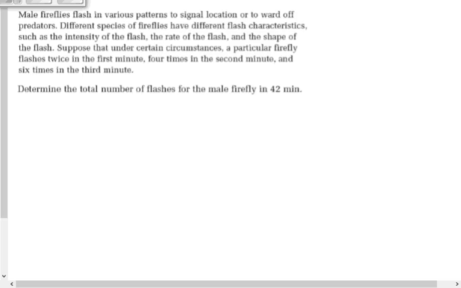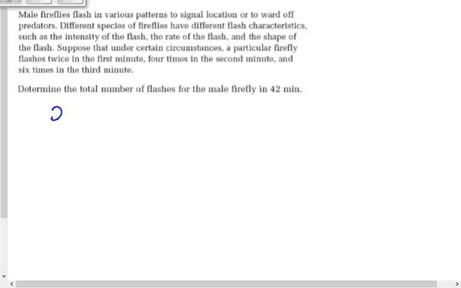So first example, working with fireflies. Okay, so basically we're told that a particular firefly flashes twice in the first minute, 4 times in the second minute, and 6 times in the third minute. We want to determine the total number of flashes for this firefly in 42 minutes. Okay, so we're just going to use the information that we know and substitute it into this formula.